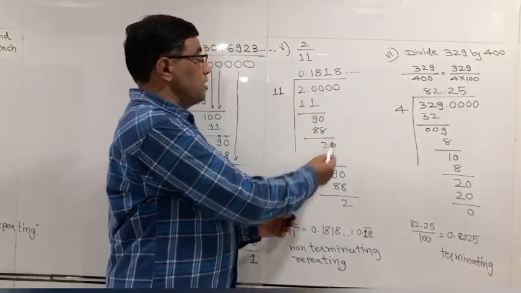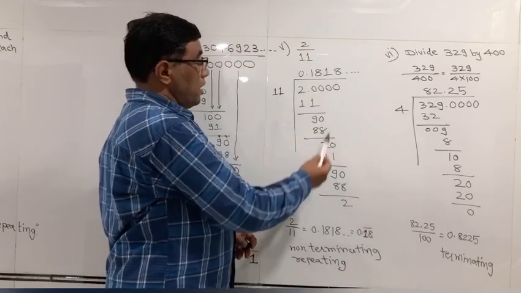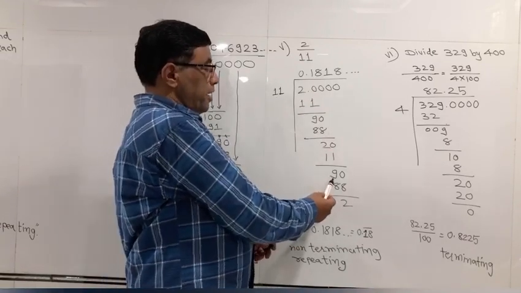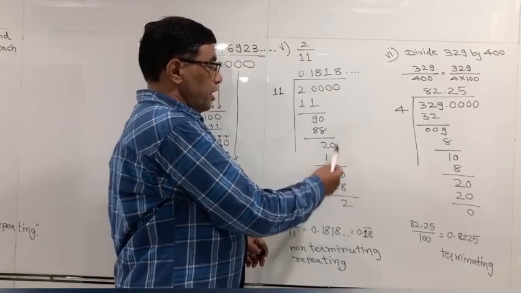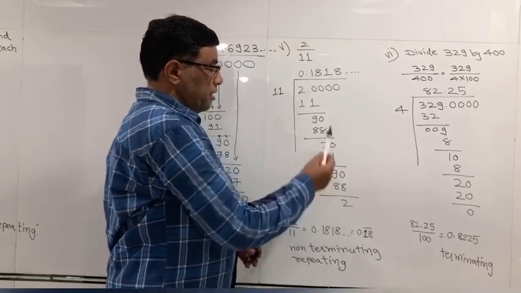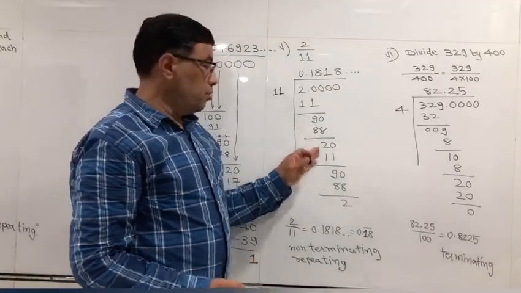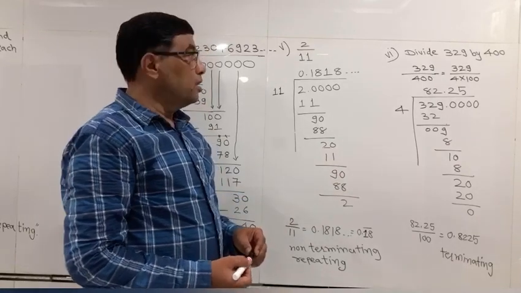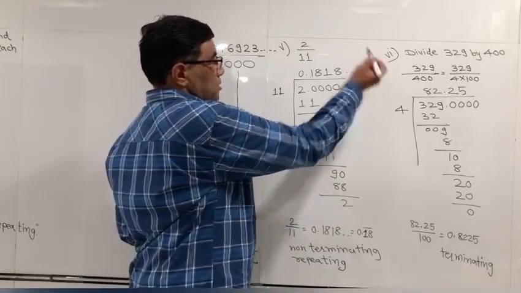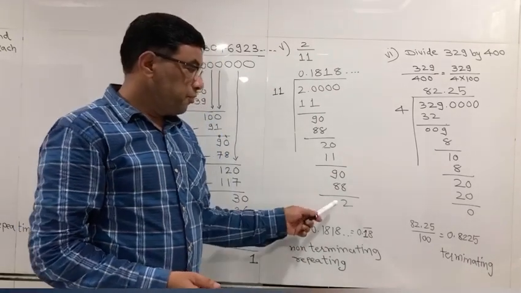Then 2 remainder, 0 down. Then 11 ones are 11, 9 remainder, 0 down, 90. Then once again 11 eights are 88, 2 remainder.